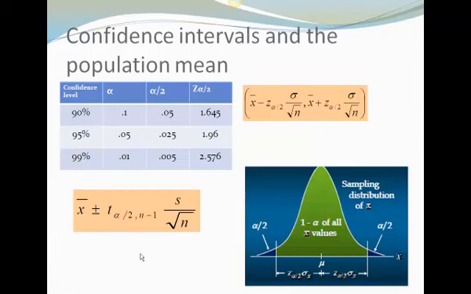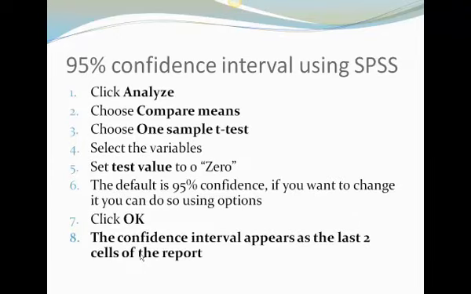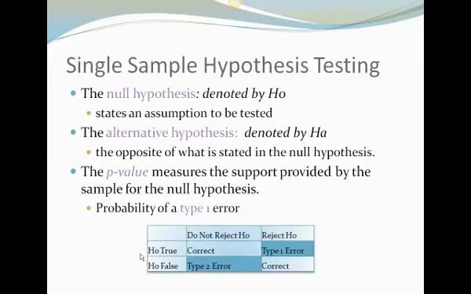I could rewrite that to look exactly the same as my upper peach box. And basically what I'm saying when I'm calculating my confidence interval is that I'm 95% confident that my mean falls within this range. And then here's how to calculate the 95% confidence interval using Excel and using SPSS.